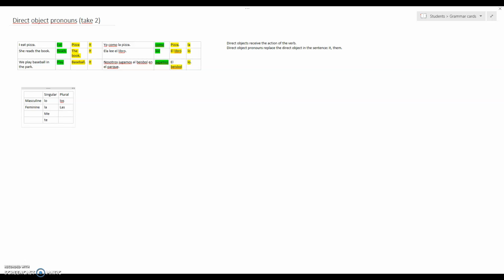You can throw in the direct object pronoun te for singular, and the direct object pronoun nos, and the direct object pronoun os if you were talking about Spain. We're not going to use that, but I'll just throw it in there just in case you see a teacher in the future who uses vosotros. Okay, so again, this is for people, if the direct object is the person.